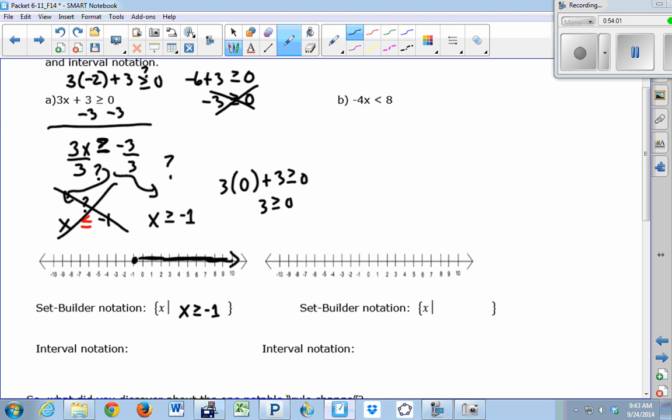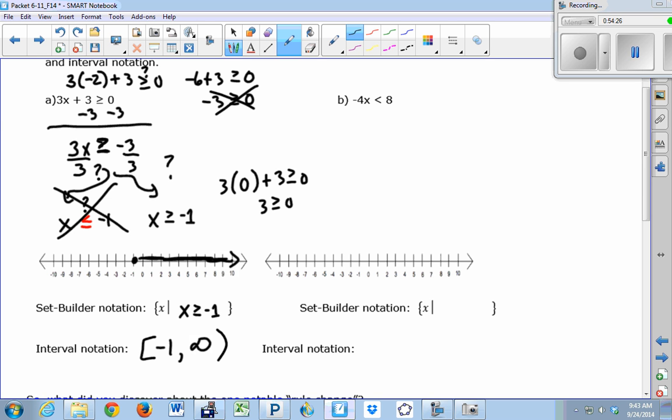Take a risk, take a chance. Go ahead. The square one, the bracket, the staple, yep. Negative 1, because that's the very smallest number in the solution set. But I need one other little thing before I put comma, infinity, and then how do I close it off? With a parenthesis. Yep, there you go.